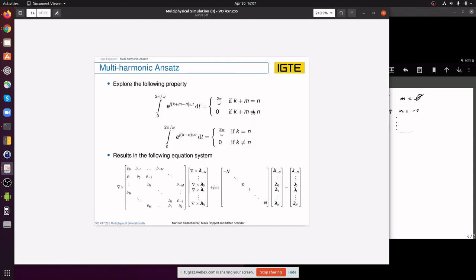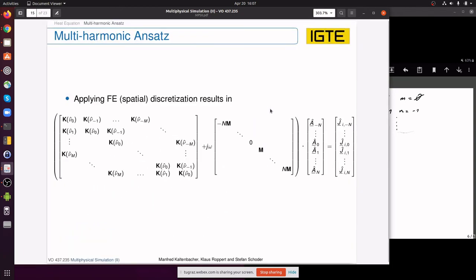And of course we have a right-hand side consisting of our impressed current densities in the different harmonics. So we can excite the problem in all harmonics from minus N to N. So the problem is, it looks not that difficult, but it is actually very difficult to solve this system, since it is huge, because every K matrix here consists of all spatial degrees of freedom of the whole computational domain.